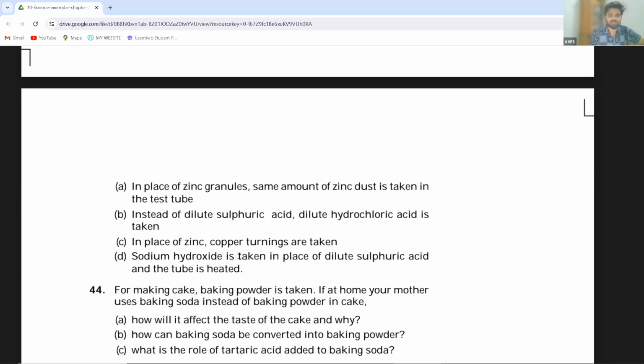Next one is sodium hydroxide. Sodium hydroxide is taken in place of dilute sulfuric acid in the test tube, and the test tube is heated.